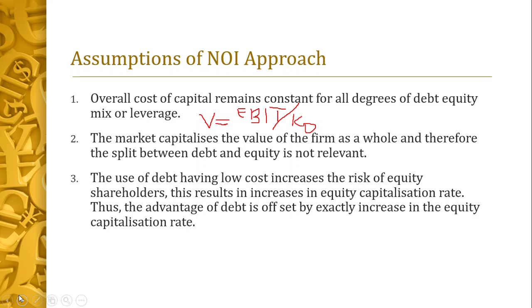So there, what did you use? K naught is equal to EBIT divided by V. This is simple math. You have the value of K naught and the value of EBIT, whereas you do not have the value of V. So you calculate V is equal to EBIT divided by K naught. This is one formula you remember, but the way we calculate V, the value of the firm under the NOI approach, you still have one more formula. As we progress, you shall know it.